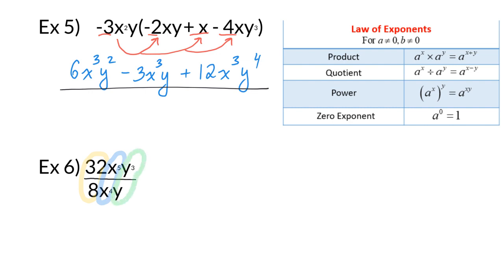So we're going to use a combination of our quotient rule and some algebra. 32 divided by 8 is 4. Using the quotient rule, x to the 5th divided by x to the 4th is x to the 1, or just x, right? 5 minus 4, top minus bottom. And lastly, y squared. This is my answer.